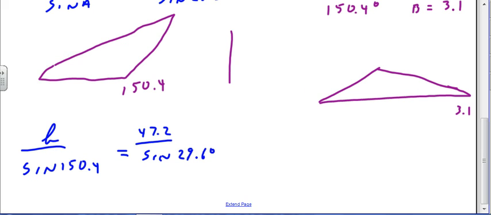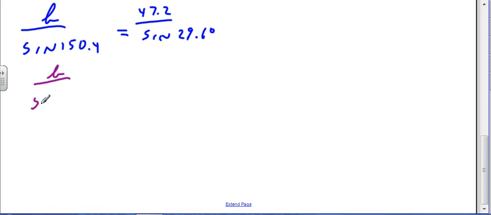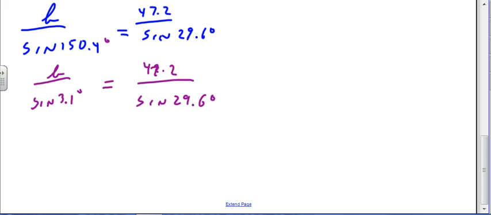And if I'm doing the purple solution, then little b over the sine of 3.1 is equal to 47.2 over sine 29.6. So I have two separate solutions I'm looking for.